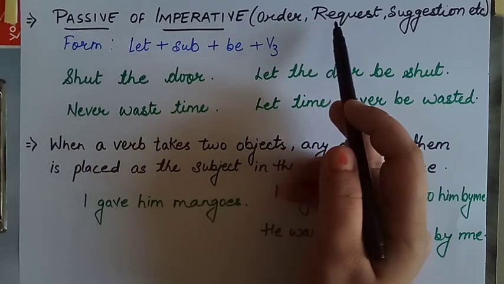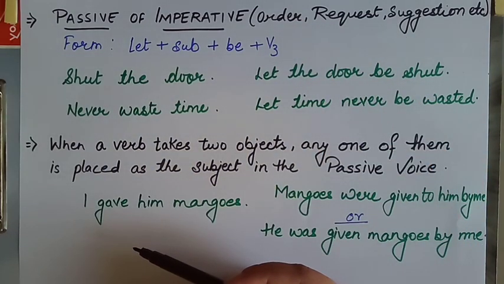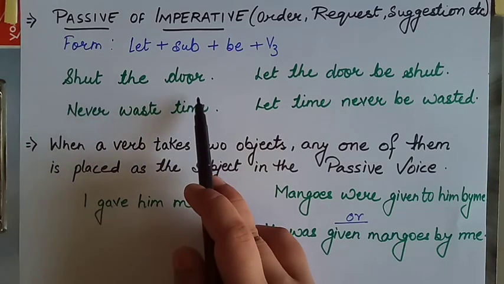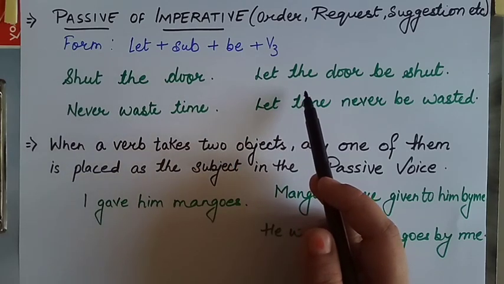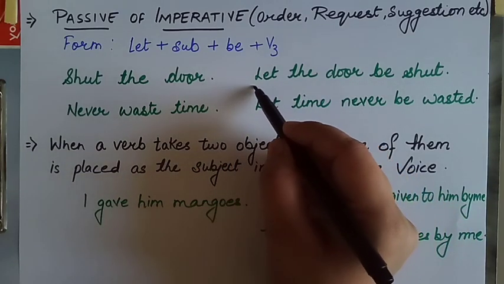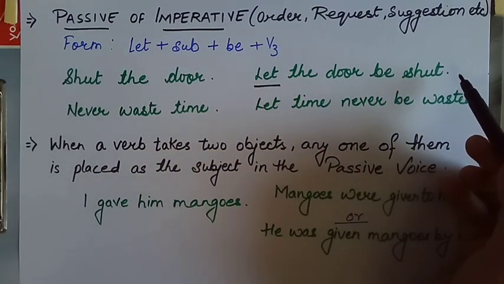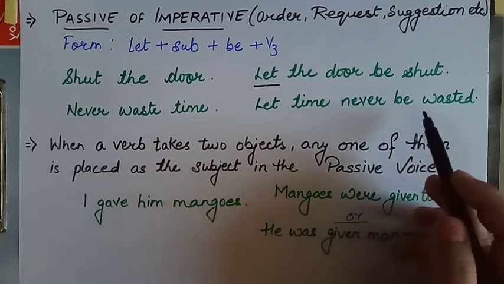Order, request, suggestion or command are known as imperative sentences. For example, shut the door. When we change such sentences, we will be adding let. Let the door be shut. Never waste time. Let time never be wasted.